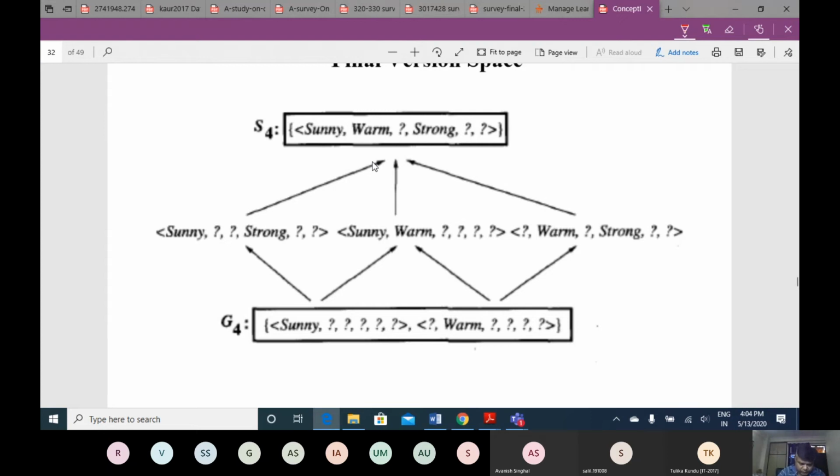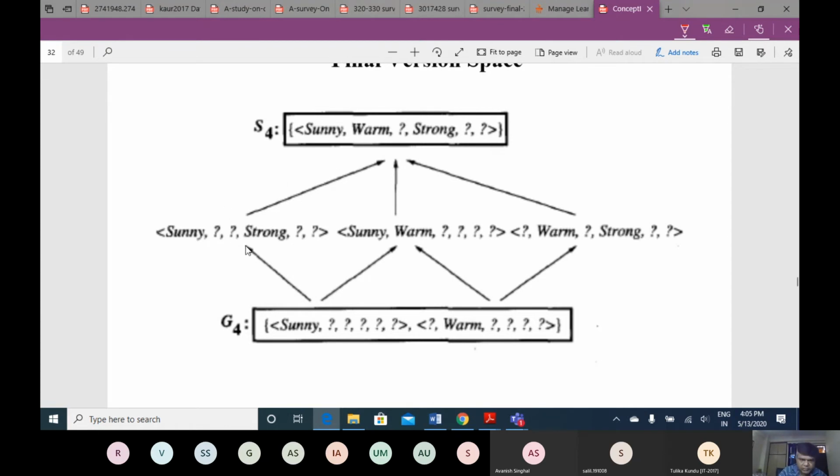Normal, question mark, match. Strong, strong, match. Cool, question mark, match. Change, question mark, match. So that means this particular example is included in this hypothesis. So according to this hypothesis, this particular example is yes. For this example, the answer will be yes.